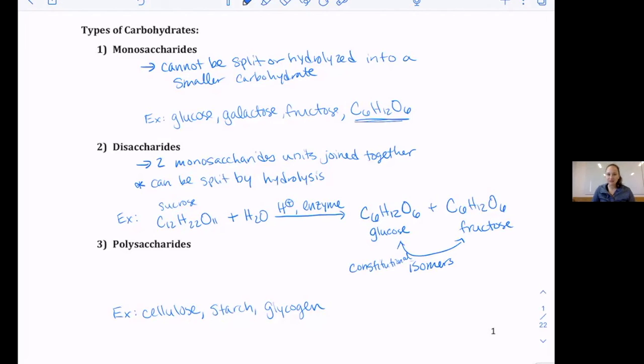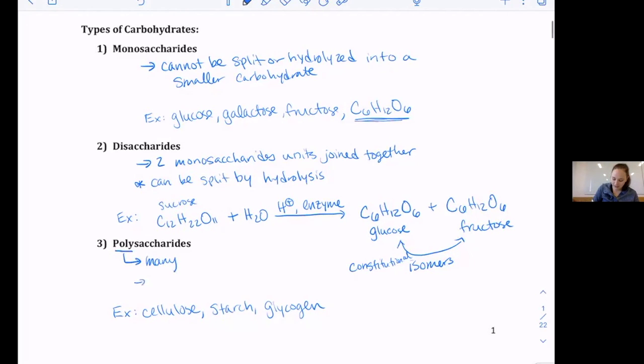Okay, I kind of got down into my polysaccharides, but that's okay. The last kind of carbohydrate we'll be talking about are polysaccharides. Poly, again, meaning many, so they're made from many different monosaccharide units. It's kind of like a polymer, but now we're making polymers of sugars, or polymers of carbohydrates.